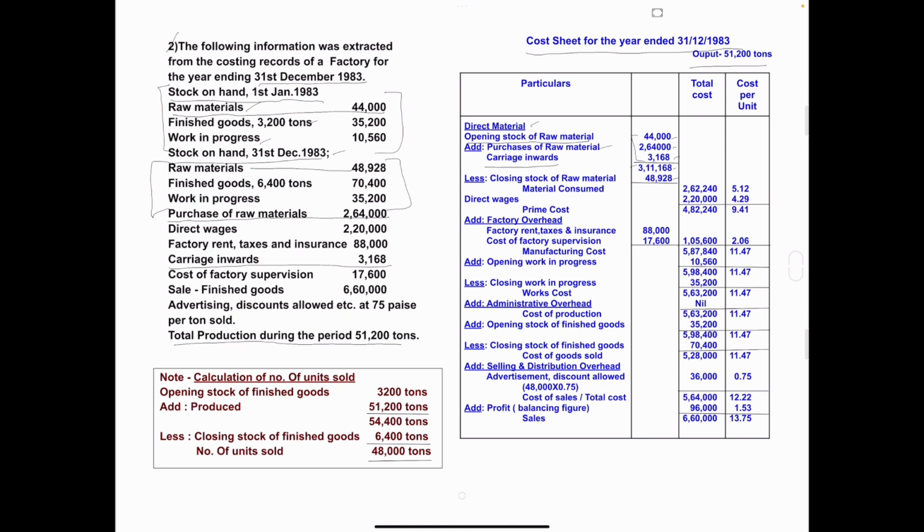Okay, now from 3,11,168 minus closing stock, that is 48,928, you will get 2 lakh 62 thousand. Write in total cost column, 2,62,240. Okay, this is the total material consumed. Again we have to calculate material cost per unit. For that what we have to do, 2,62,240 divided by 51,200 to get cost per unit.